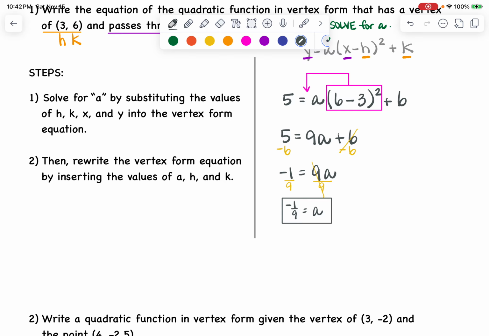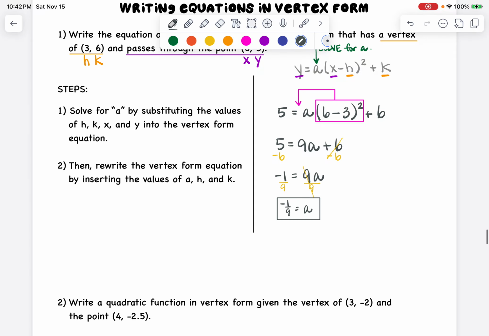Now, we're not done, because all we've done is figured out what the a value was in our vertex form. So what we're going to do now is actually write the vertex form of this parabola. The only things I need to write vertex form are the a value, which is -1/9, the h, which was 3, and the k, which was 6.